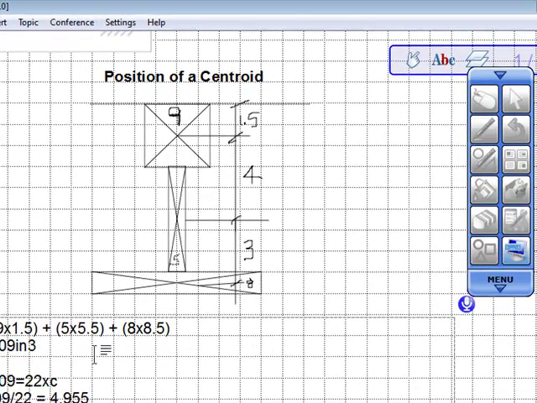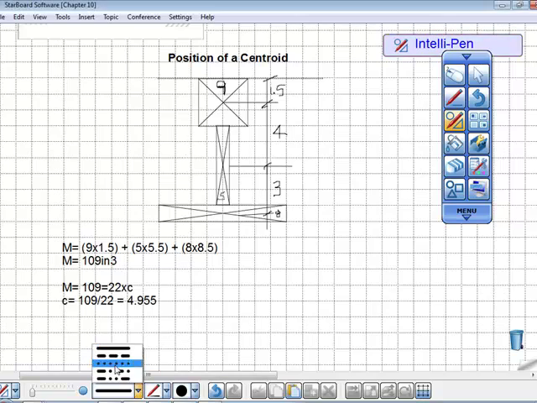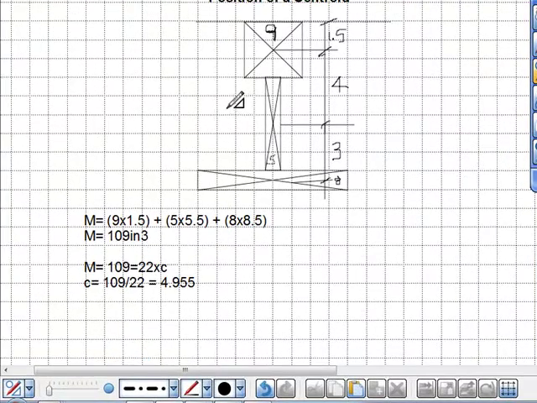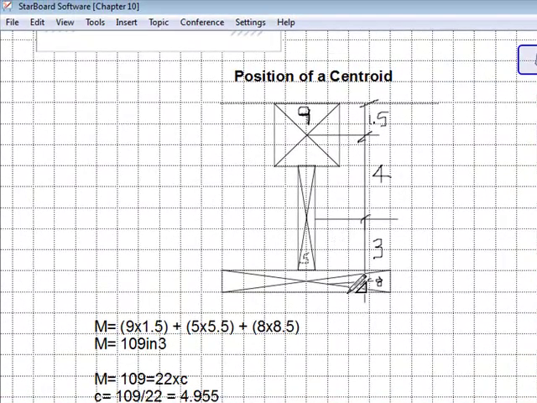So now you know that if you're trying to figure out where your centroid is, if this whole distance is 3 and 5 and 1, 3 and 5 is 8 and 1 is 9, it's not going to be exactly in the middle, it's going to be a little bit above it.